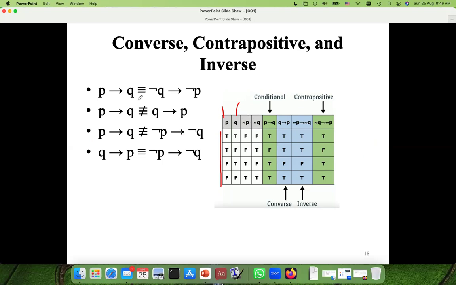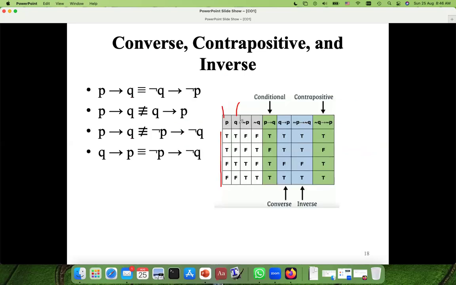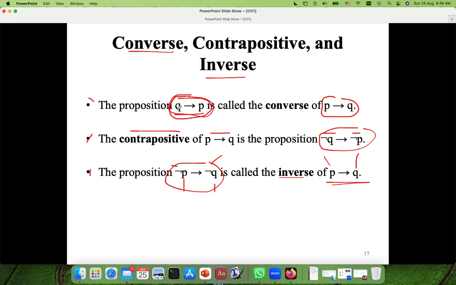Now you can calculate the value of Q implies P in the next table. What is the definition of implication? It is false when the first one is true and the second one is false, and true otherwise.